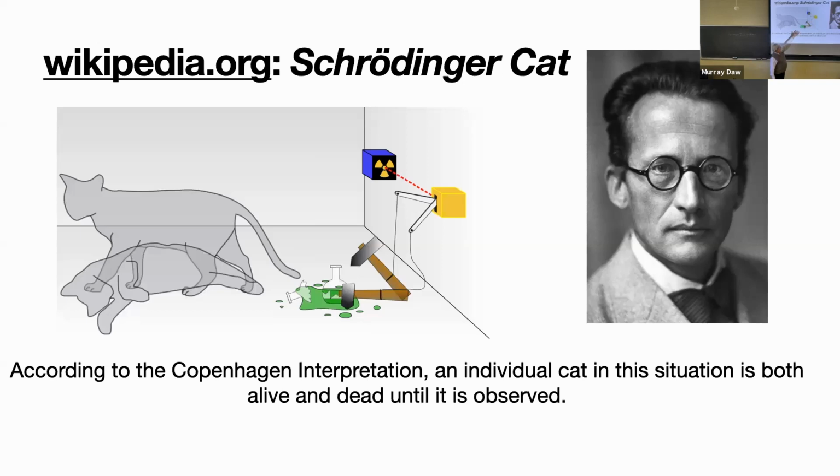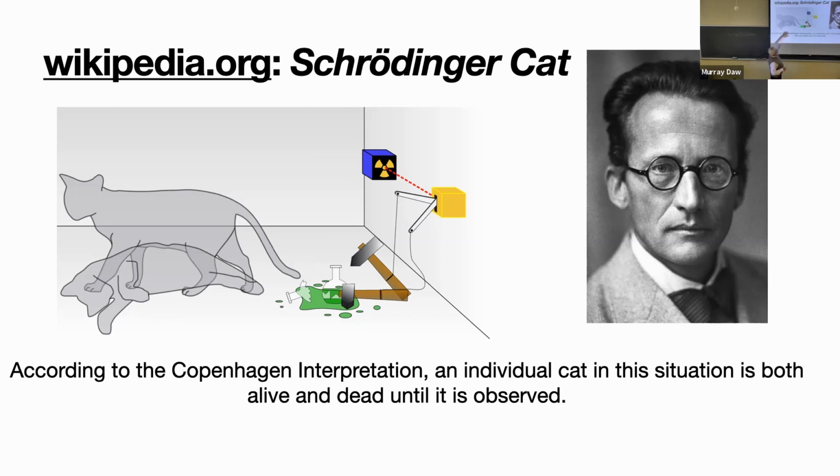If the detector detects the decay, it smashes a flask of poison, which will kill the cat. And then you close it up and you wait. Don't look at it. Can't look at it. If you look at it, it changes things. So you can't look at it.